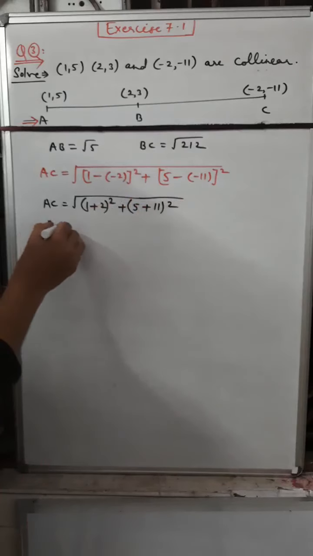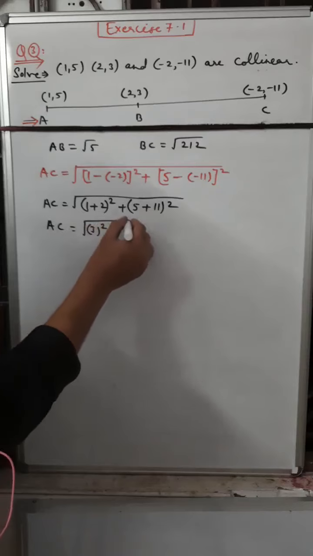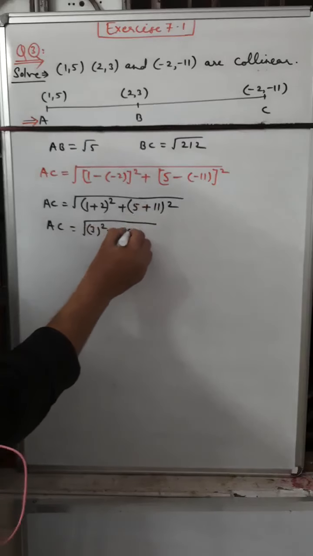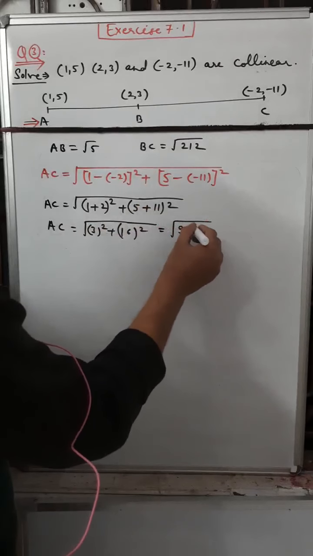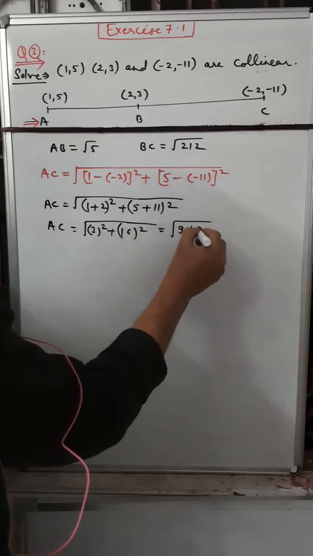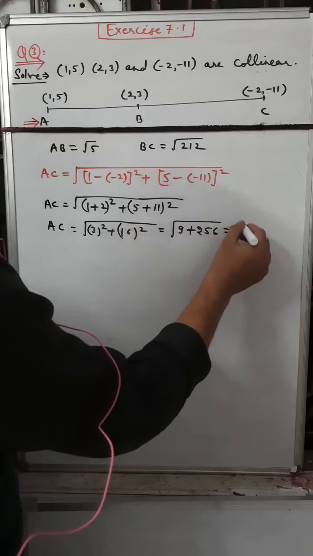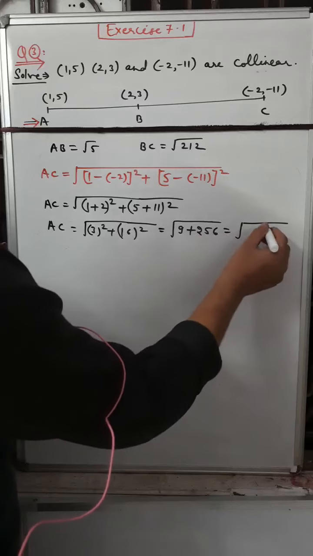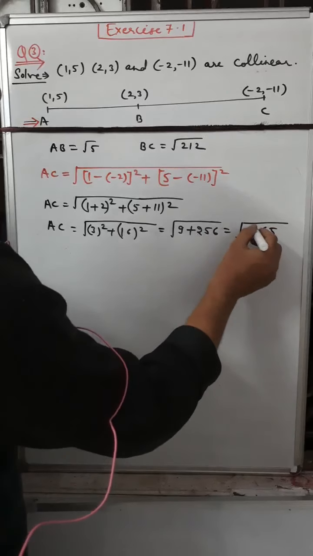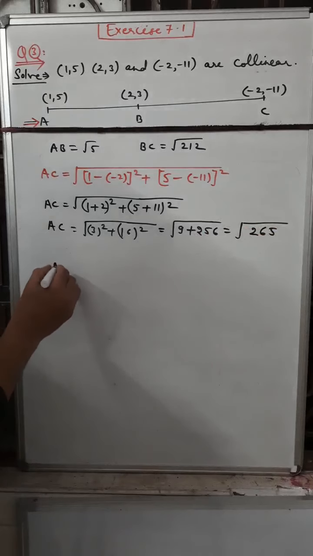So AC is equal to 1 plus 2 means 3 whole square, or 5 plus 11 is 16 whole square. That means 3 threes are 9 plus 16 sixteens are 256. So 9 plus 256 is 265 here.